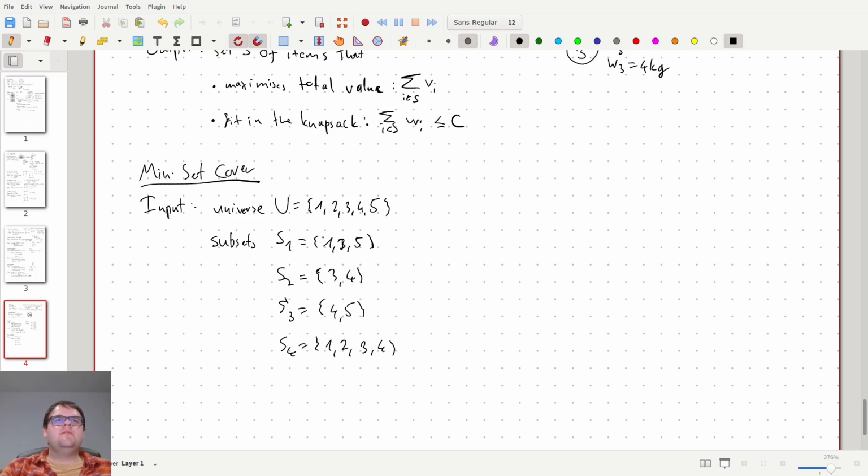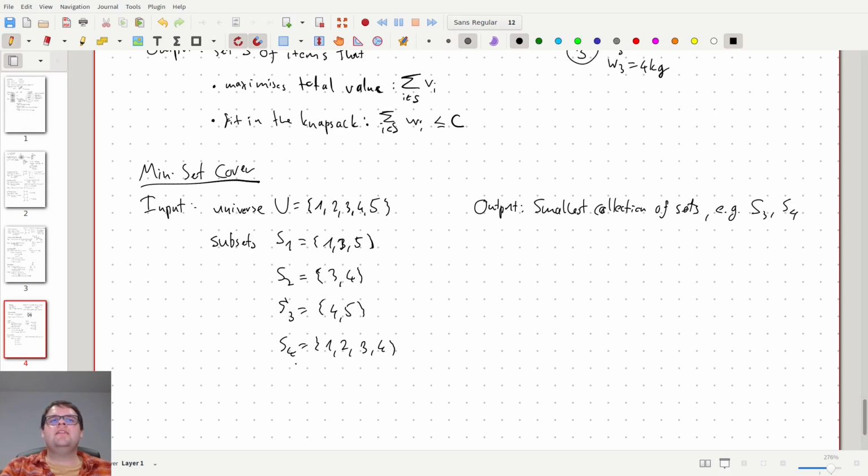So what are we doing with this universe and these sets? The output is going to be, so it's minimum set cover, so we're minimizing something. It's going to be the smallest collection of sets that cover the universe. Let's give an example of a collection of sets. For example, S3 and S4 is a collection of sets.